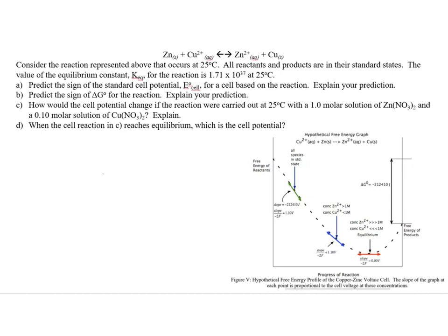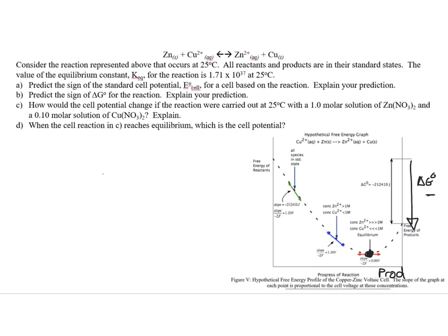Explain your prediction. Well, if you look at this graph, as soon as you recognize that this low point has to be closer to the product side because K is really, really big, then by virtue of the shape of this graph, delta G of reaction at standard conditions has to be negative.